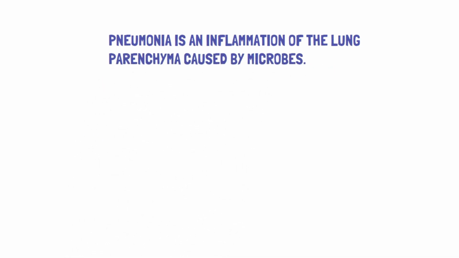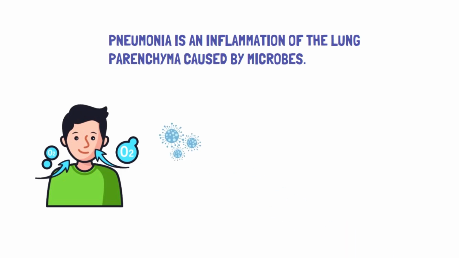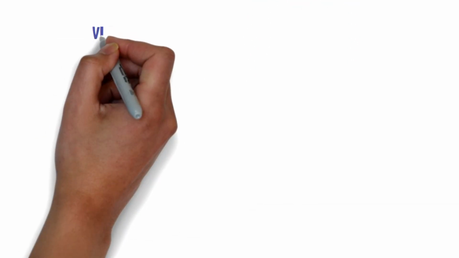There are other factors which may also lead to inflammation of the lung parenchyma, not always by microbes. As you breathe in air, these microbes may be present and may be successful in invading our respiratory tract, leading to pneumonia. These microbes may be broadly divided into viruses and bacteria.